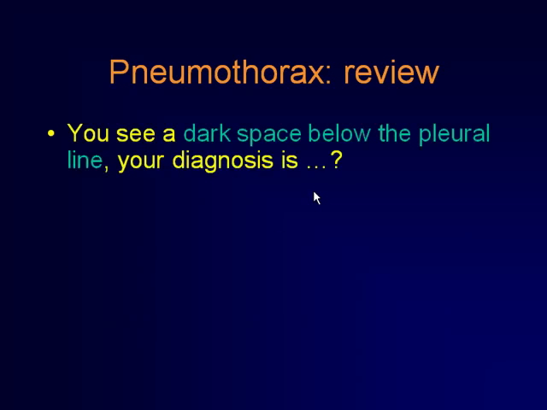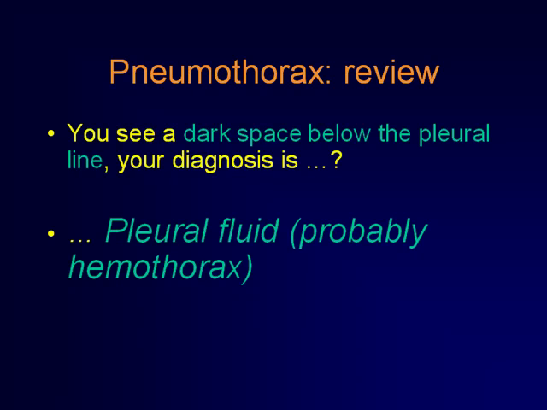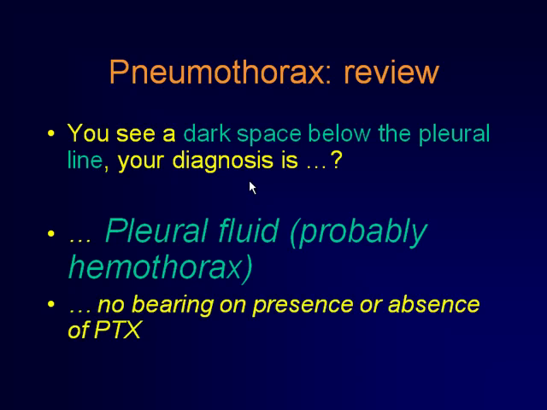If a dark space is seen below the pleural line, the diagnosis is actually hemothorax or some other cause of pleural fluid. In the trauma setting, it's likely to be hemothorax, but in other settings, obviously medical causes of pleural effusion are more likely. And this has no bearing on the presence or absence of pneumothorax.